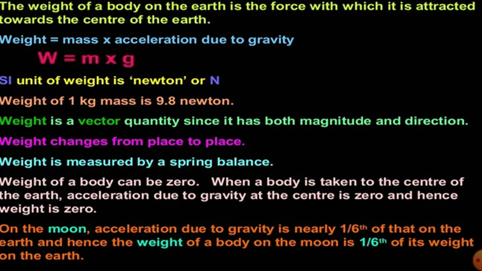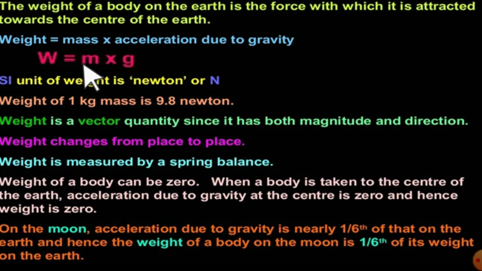At infinite distance, infinite height, your acceleration due to gravity will be 0. So there the weight of the object will be equal to 0. At that point where weight is equal to 0, we call it weightless. Got it? That is what is experienced by astronauts when they are flying at a very high altitude, high above the earth.